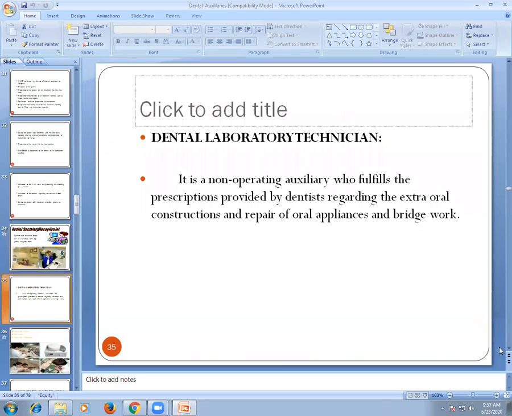Now next is the dental laboratory technician. A dental laboratory technician is a non-operating auxiliary who fulfills the prescription provided by the dentist regarding the extraoral construction and repair of oral appliances and bridge work.